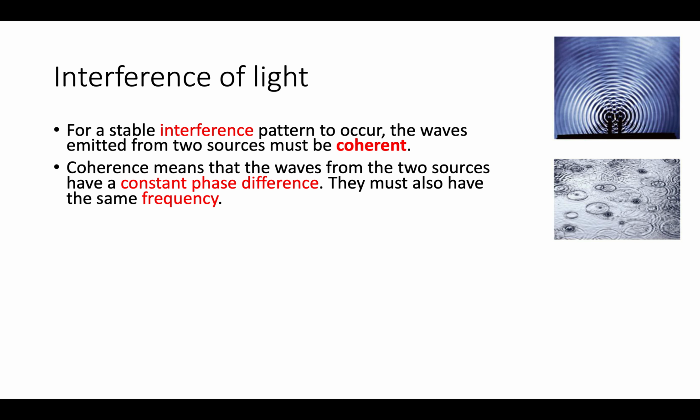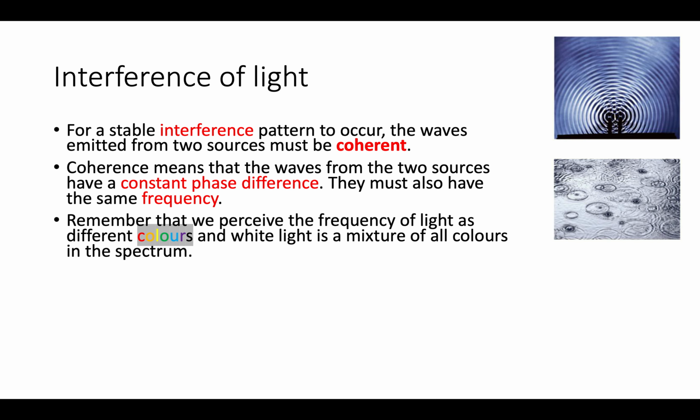So the ripple tank, the top picture, is showing interference because the two sources are coherent. The dippers will be the same frequency, and at any given point there'll be a constant phase difference between the two sources, which is not true of the puddle because the raindrops arrive with a random frequency, which is obviously then changing.